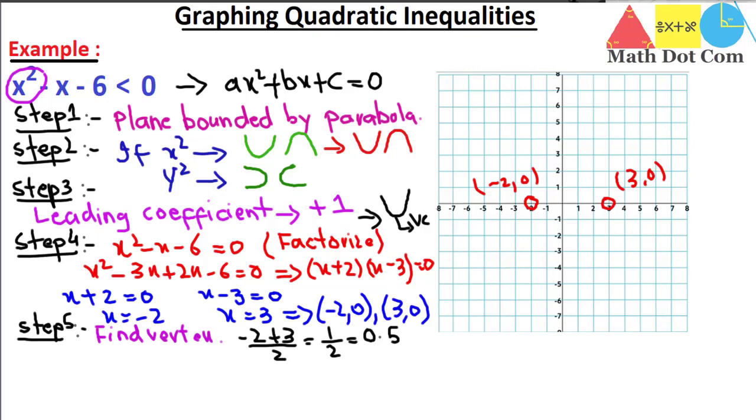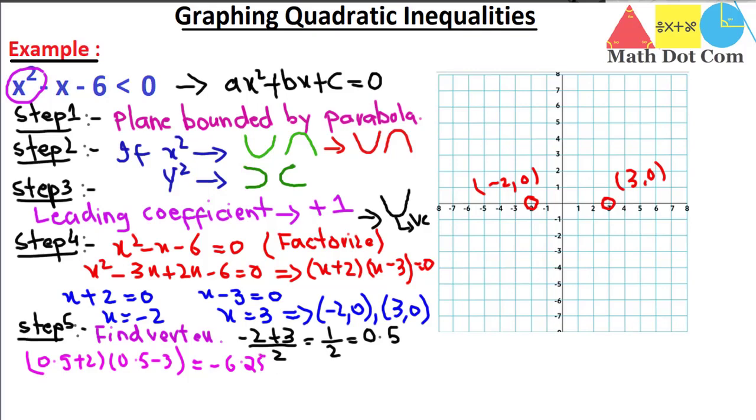So if x is 0.5, I'll put the value of x in the equation as (0.5 + 2)(0.5 − 3). Any of the above equations, either the factorized one or the one given in the question, will work. So (0.5 + 2)(0.5 − 3) will be equal to −6.25.